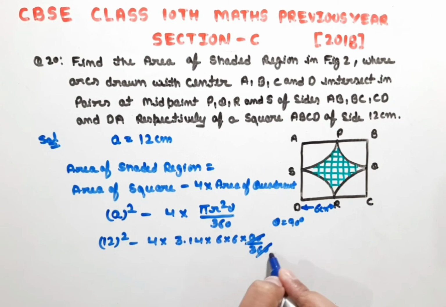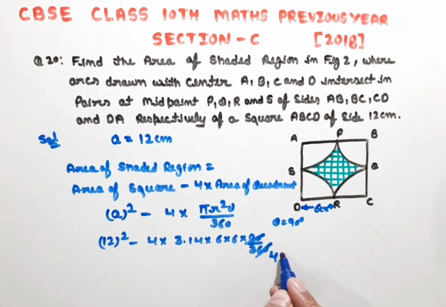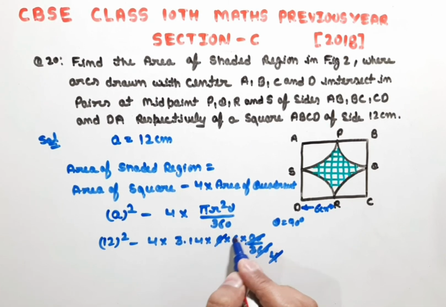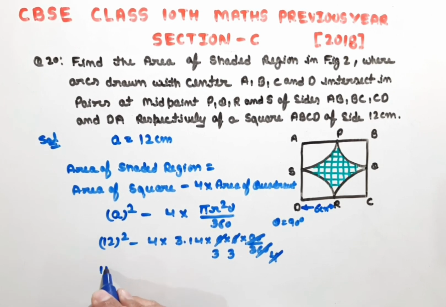This will be cancelled out 4 times, and from 4 each of them will be cancelled out 3 times. So 12 square equals 144 minus 3 3s are 9 and 9 4s are 36 into 3.14.